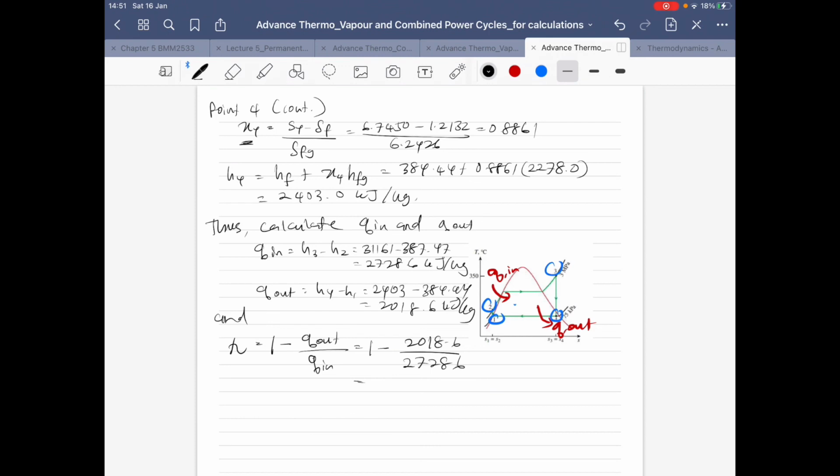So kita dapat 0.26. Then make it in percentage, you times 100 lah. You dapat 26% efficient. Is it good enough for the steam power plant with 26% efficient? I think it's acceptable.